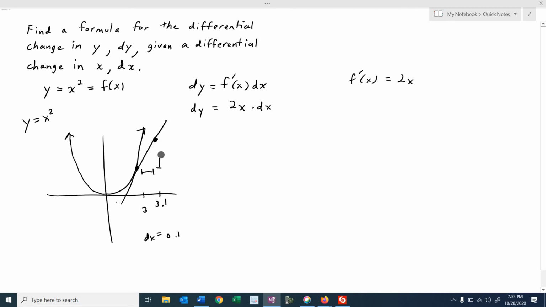Which is about right there. So that's our dy. Okay, well, this formula will tell us what the differential change in y is, right? So x is 3, right? Remember, this is labeled as x. This point over here is x plus dx, which is 3 plus 0.1.